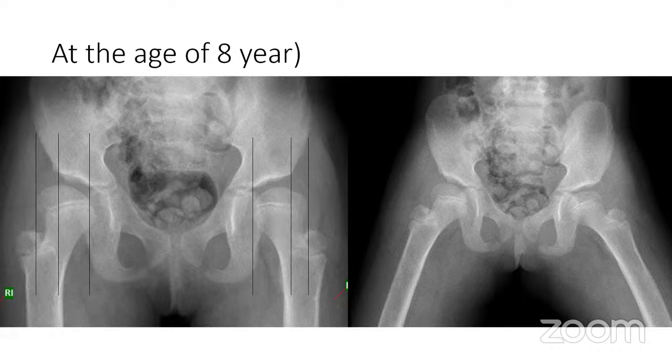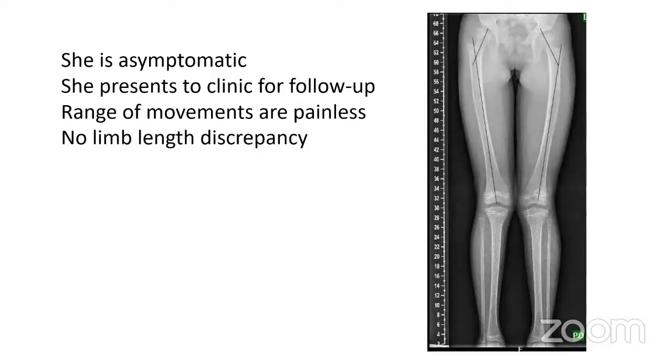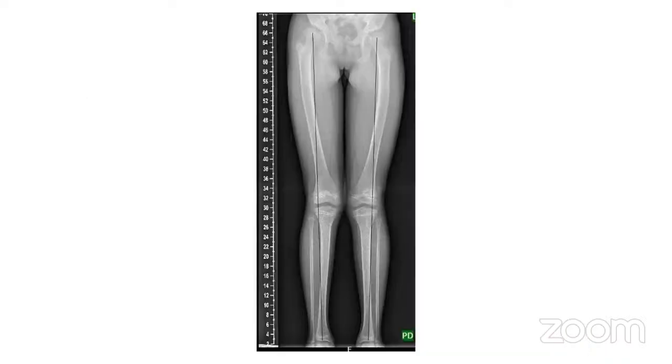If we calculate Reimers' migration index, it is around 50% on the right side and around 40% on the left side. She is asymptomatic as of now, and she presents to the clinic regularly for follow-up. The range of movements of both hips is painless, and there is no limb length discrepancy.